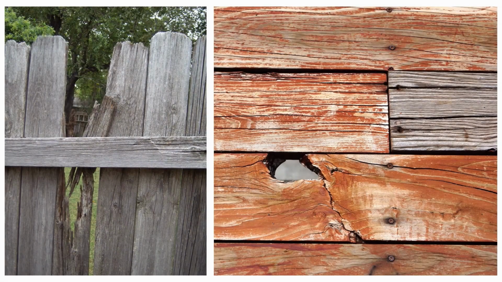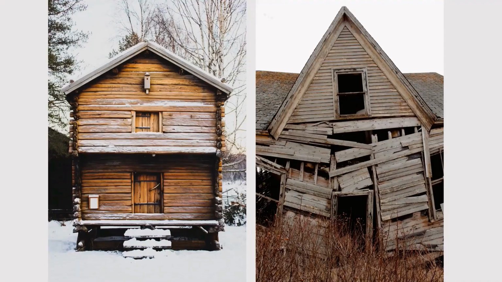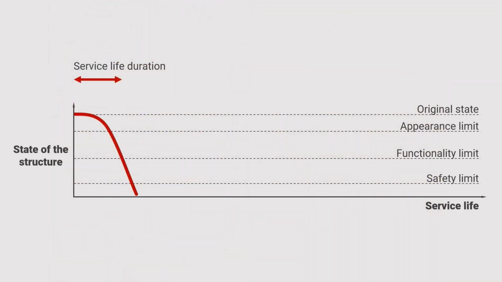Once the wood is damaged by decay or termites, it is not salvageable and should be replaced as soon as possible to keep the rot or insects from spreading. Let's see what happens to a wooden structure during its service life with and without proper maintenance. Without any maintenance or replacement, the wood will deteriorate and reach not only the functionality, but also the safety limit much sooner.